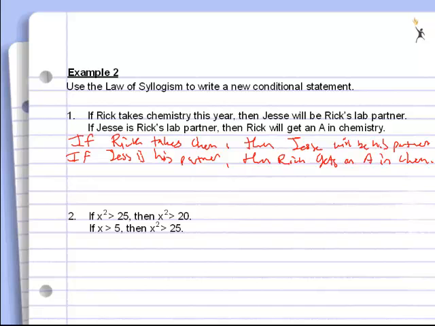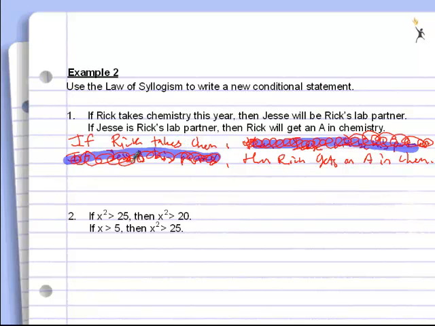And what you should notice is that this statement about Jesse being his partner occurs twice. What we can actually do is we can use that information and cross that off. And the new statement we form is this.